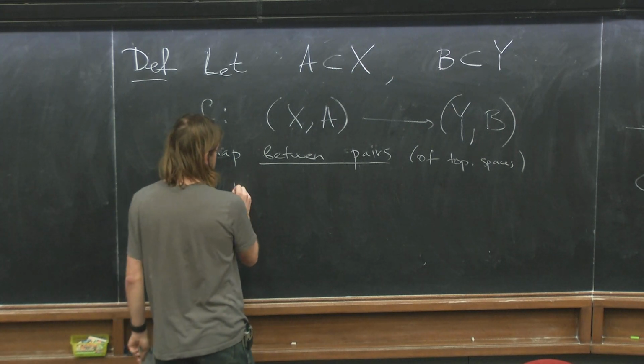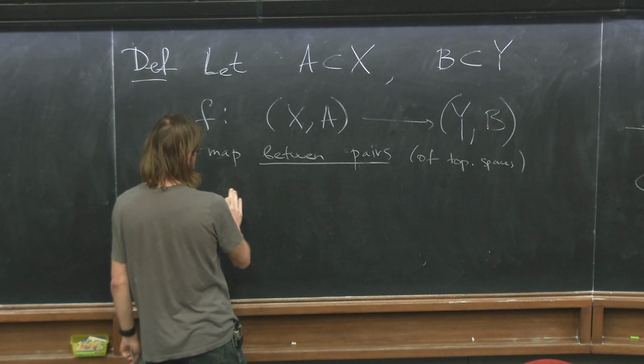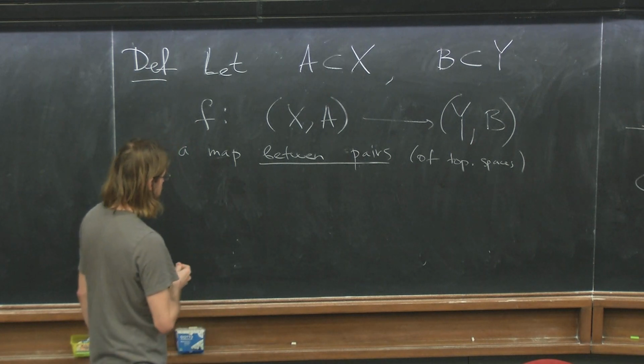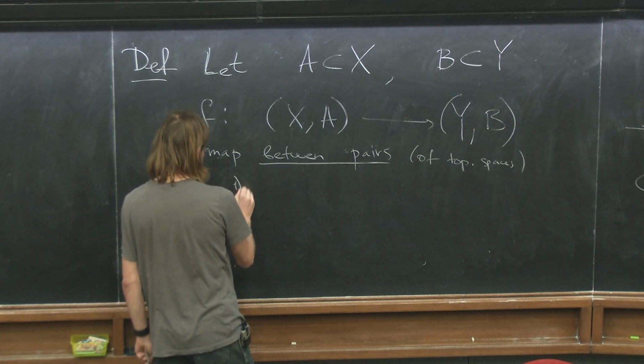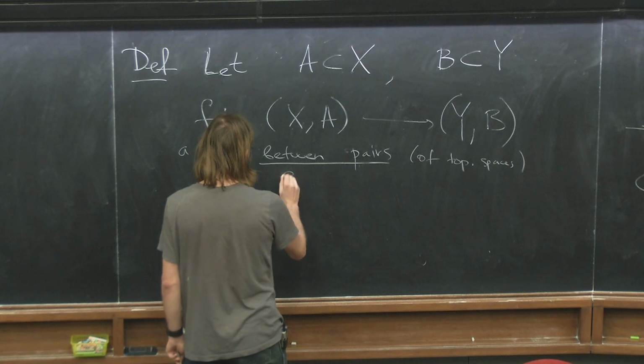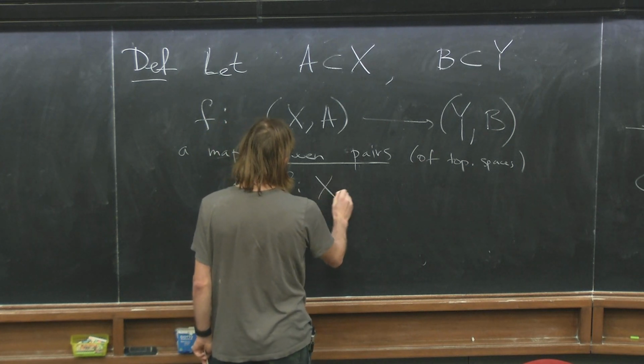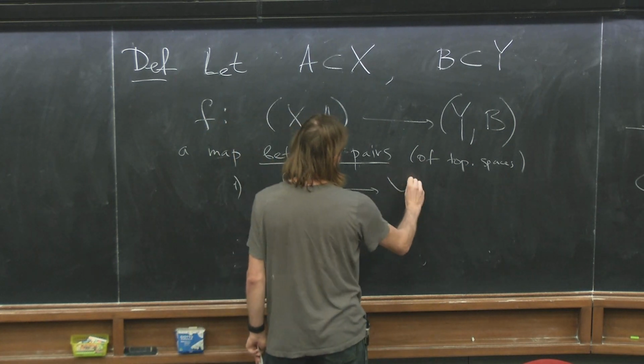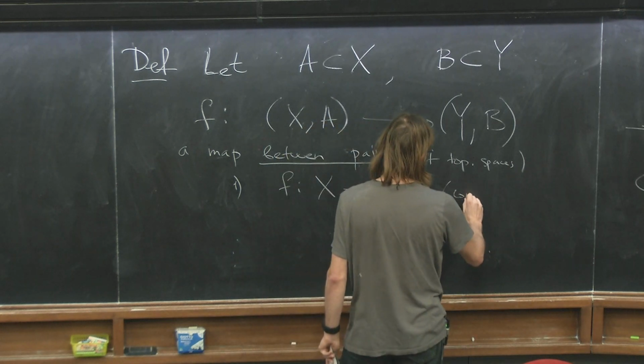So what does it mean that we have a map between pairs? This means that we have just a usual continuous map f from X to Y. So this is a continuous function.